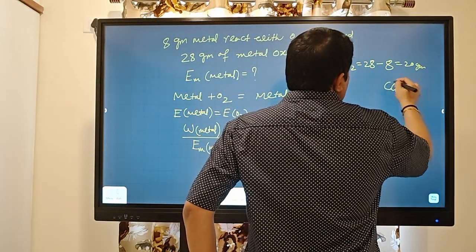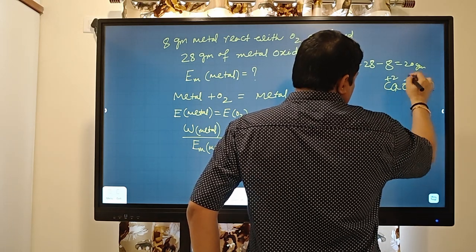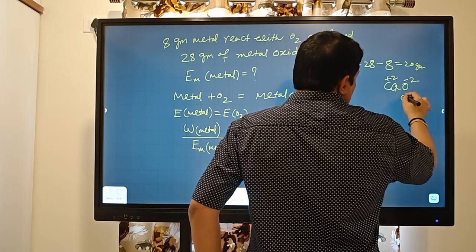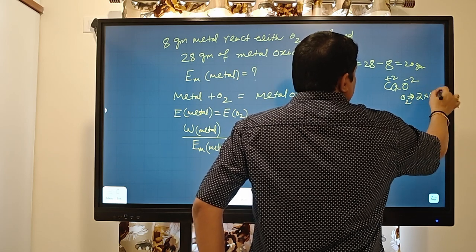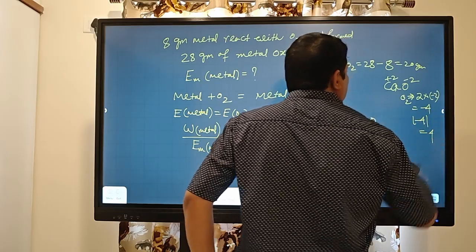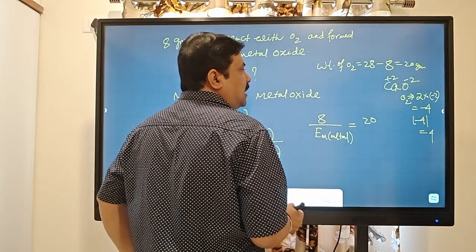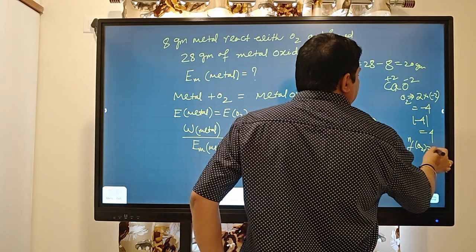Otherwise you can think like this. Calcium oxide: calcium is plus 2, oxygen is minus 2. Each oxygen atom is minus 2. Then O2 means I need to consider 2 oxygen atoms, 2 into minus 2, minus 4. Without sign, minus 4 is 4. That's why N factor of oxygen is 4.